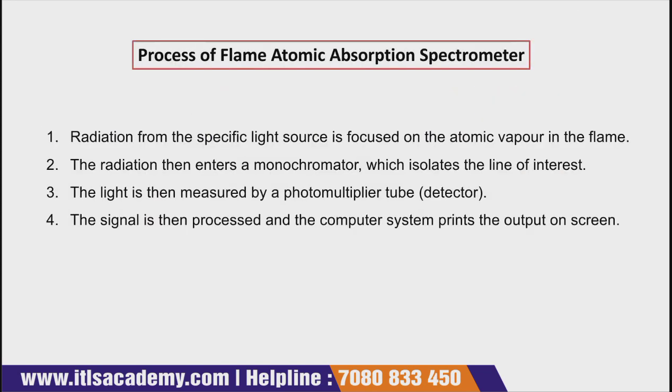Now comes the process of atomic absorption. What is the process of the flame atomic absorption spectrometer? In the flame atomic absorption spectrometer, the sample is atomized, therefore transitioning from the ground state to a higher energy level.